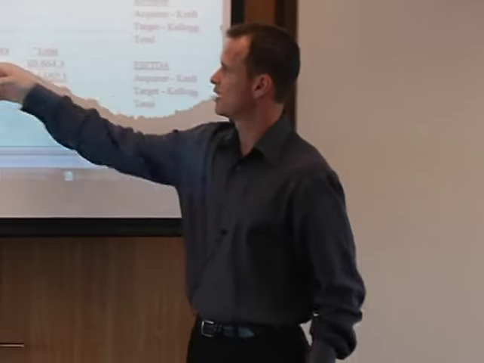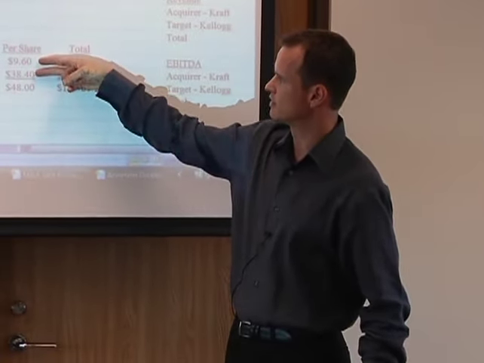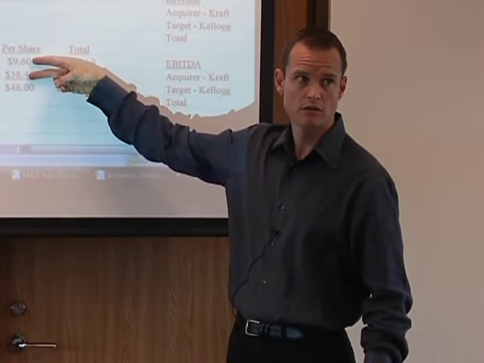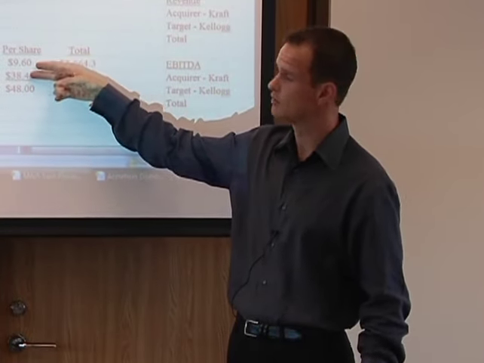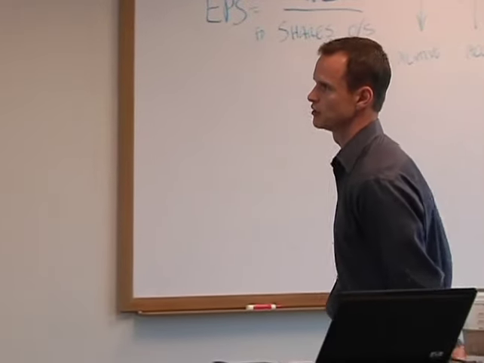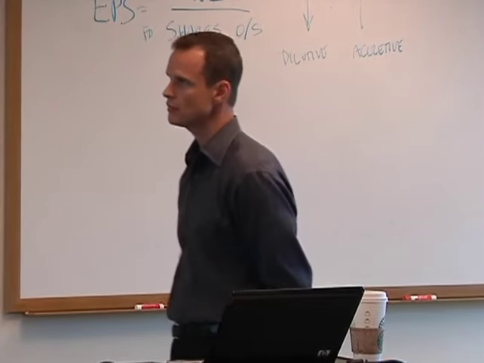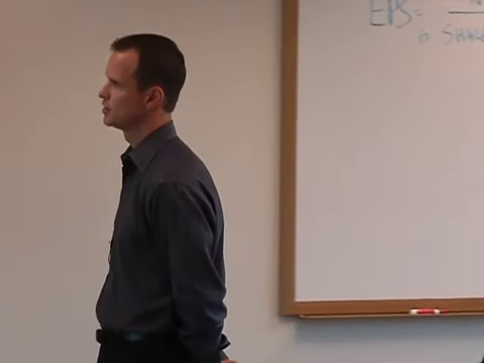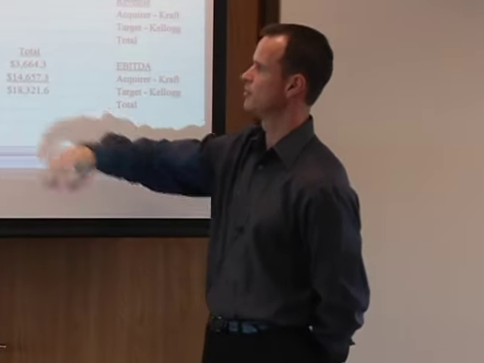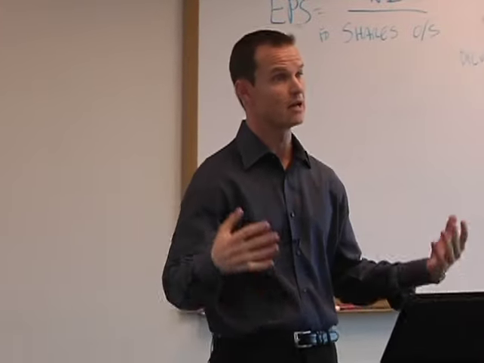If we multiply both of those by the offer price, it'll give us the implied price per share for both the cash and the stock consideration. Just like we said in the assumptions, Kellogg's shareholders are going to get $9.60 in cash per share, plus some shares of Kraft, and those shares end up being worth $38.40 a share, because the two have to add up to 48.